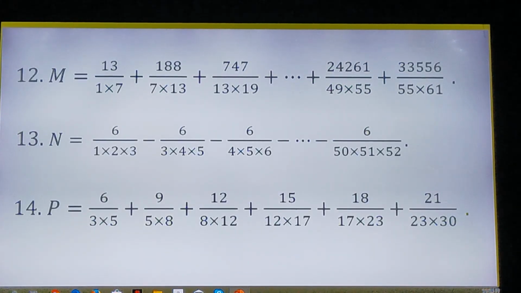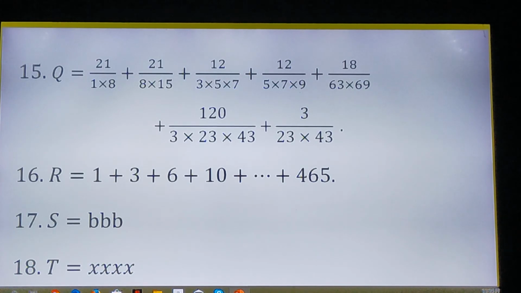Problems 12, 13, and 14. And problems 15 and 16.